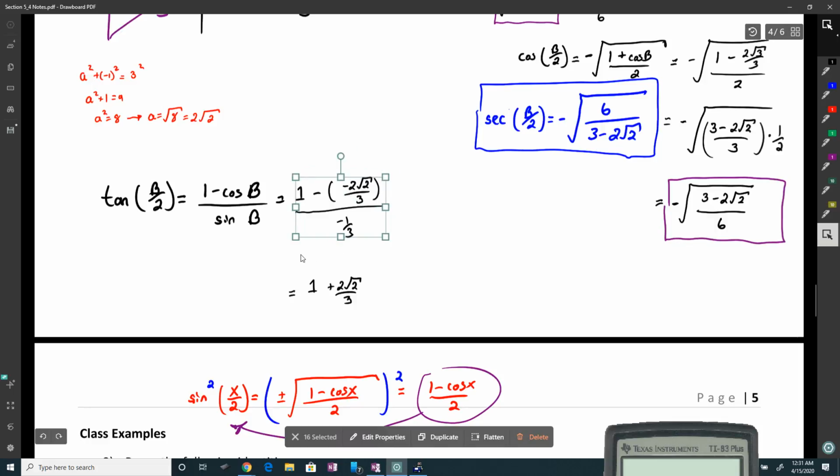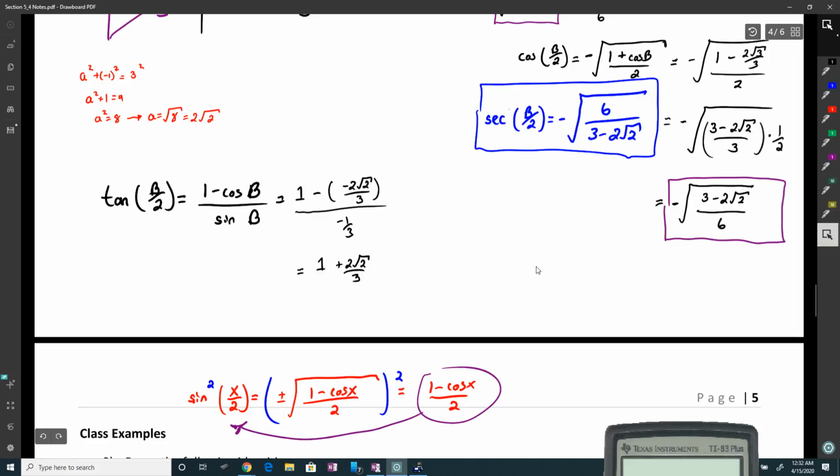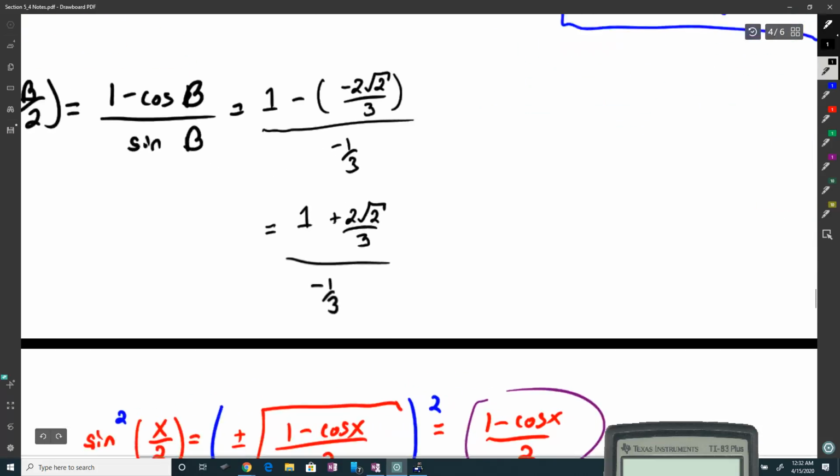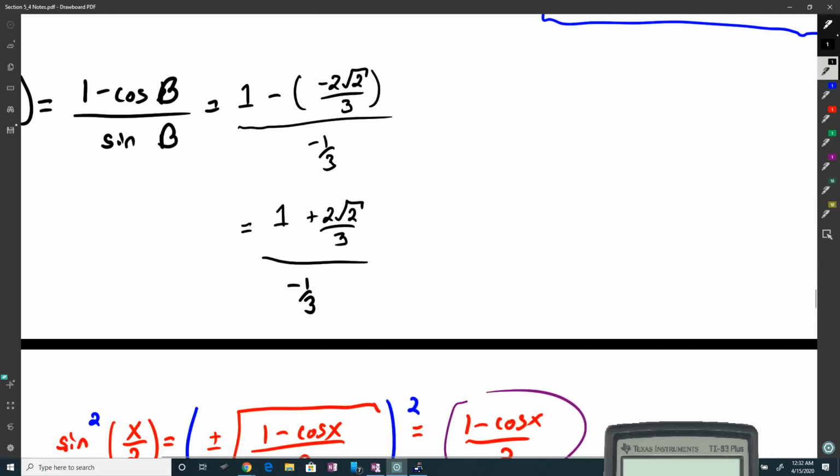Okay, so we have this over negative 1/3. So that 1 is 3 over 3. So this is 3 plus 2 square root of 2 over 3. And then this is divided by negative 3, or negative 1/3.